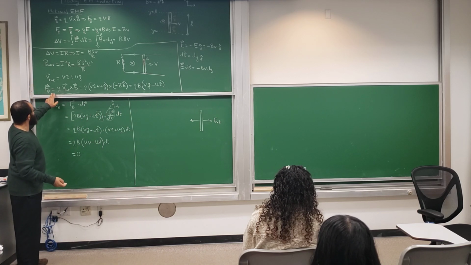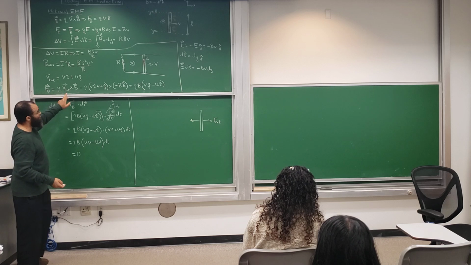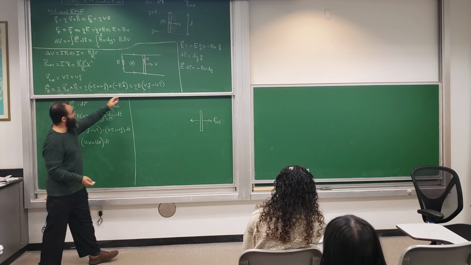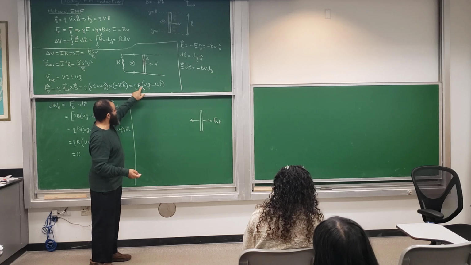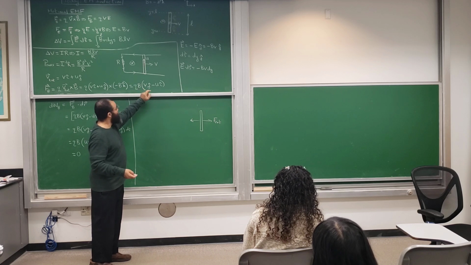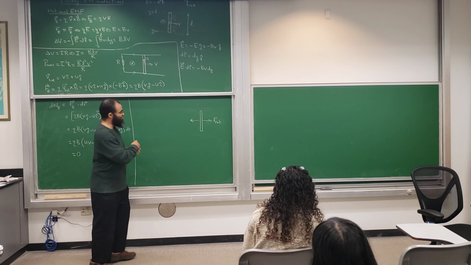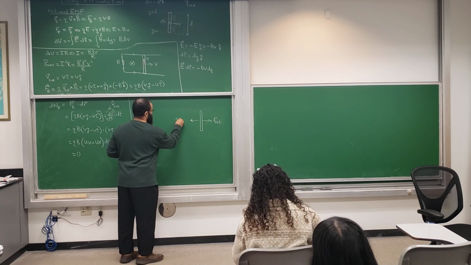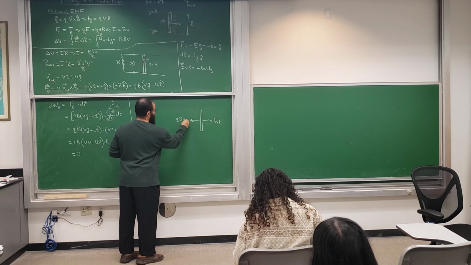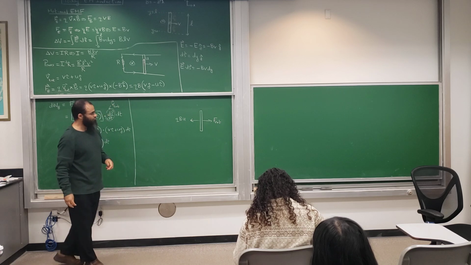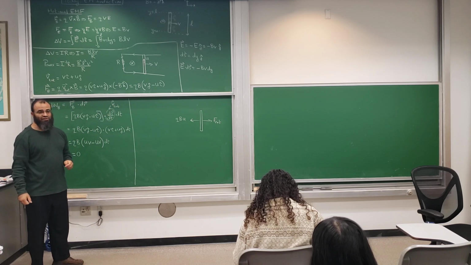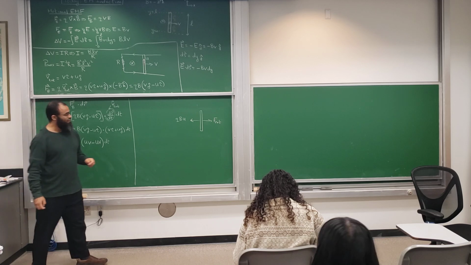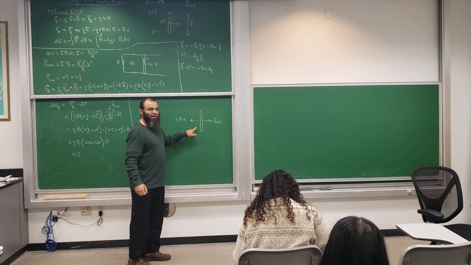It will be the X component of the magnetic force. The magnetic force has QBV in the Y direction, but it has this component in the X direction, QBU in this direction. That's the X component of the magnetic force. And these two have to be equal to each other. Why?